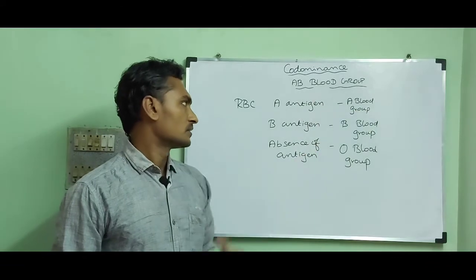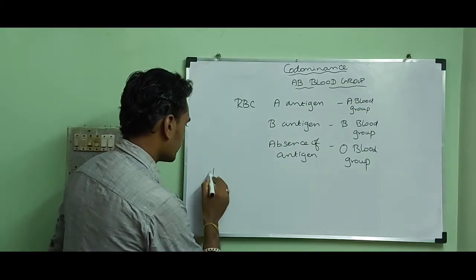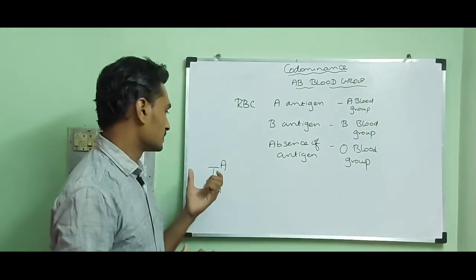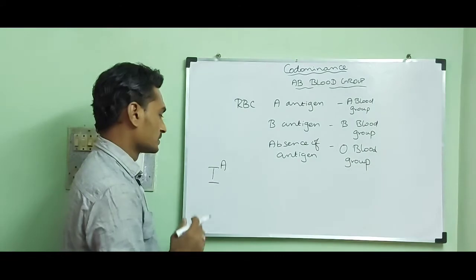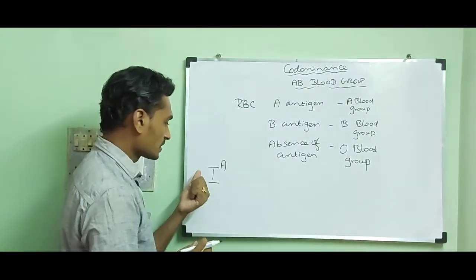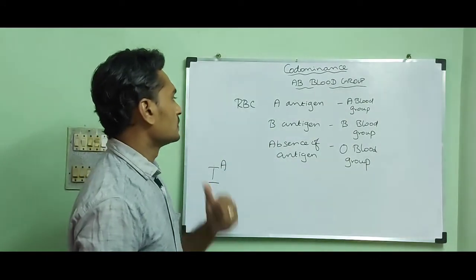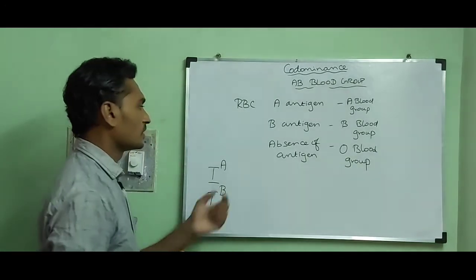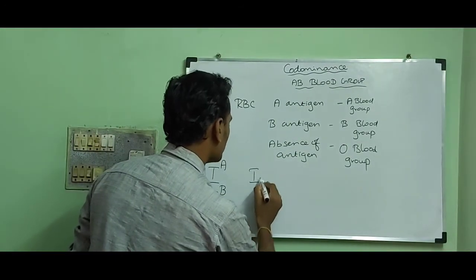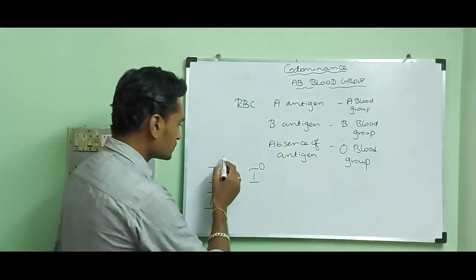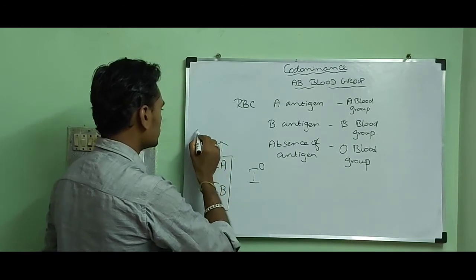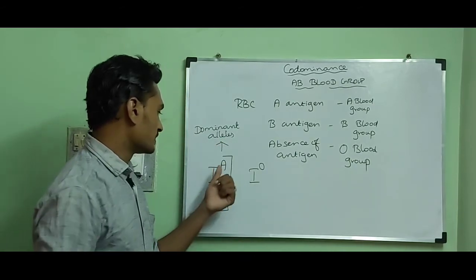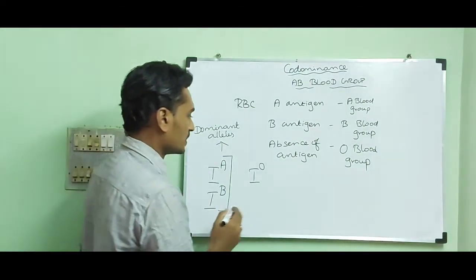Then the allele for the A blood group is capital I, with superscript capital A. For the B blood group, the allele is capital I, with superscript capital B. For the O blood group, it is capital I, with superscript capital O. And the A and B alleles are dominant alleles.